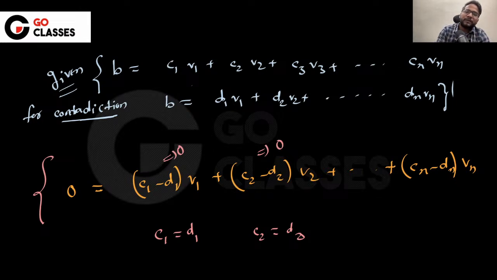So that's why if you assume there are two solutions, actually they are not. Basically, in simple words, let me just put it in simple words.